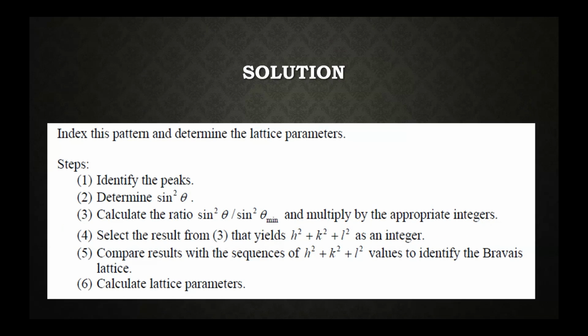So the first thing is that when you have the pattern, you have to index the pattern and determine the lattice parameters. What are the steps? You have to identify the peaks, obviously the first thing. Determine the sine square theta, calculate the ratio of sine square theta to sine square theta minimum, multiplied by appropriate integers. We'll come to know what is meant by appropriate integers.